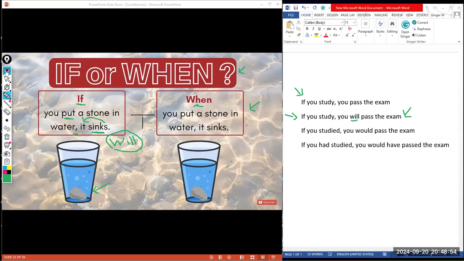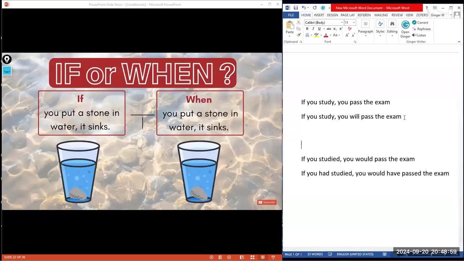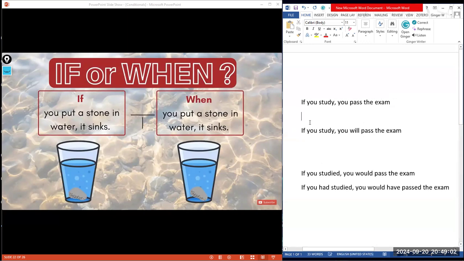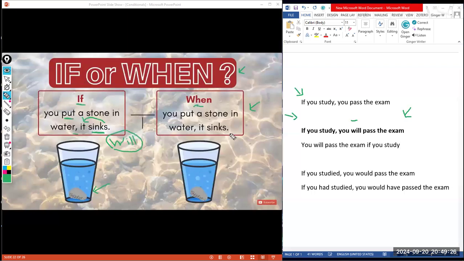Please be careful. Okay. Now, I want to ask you a question and you have to tell me the answer. Notice, guys, in this sentence we have, if you study, you will pass the exam. Now, what if I want to say, you will pass the exam if you study? Now, guys, you notice that I wrote the if clause at the end, but I wrote the main clause at the beginning of the sentence.